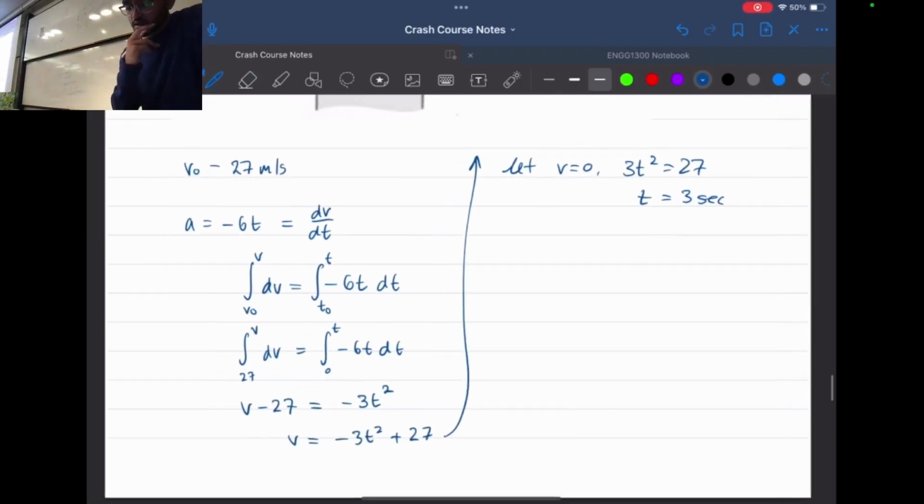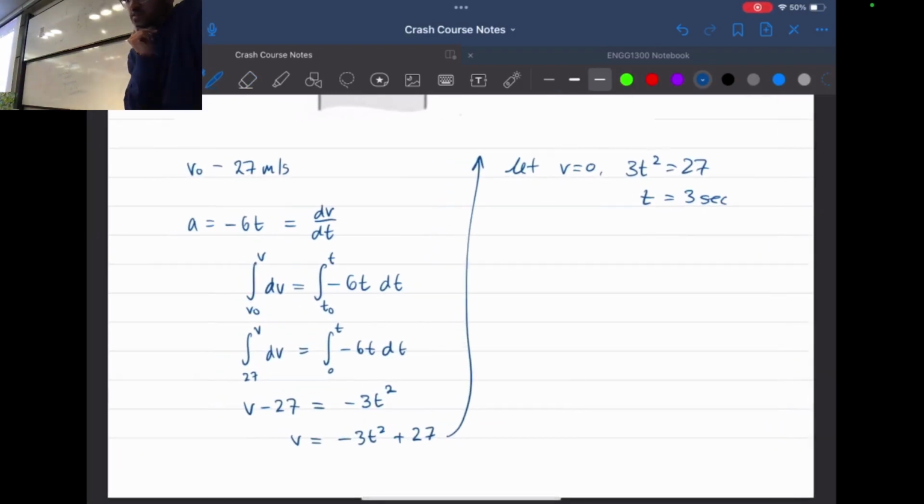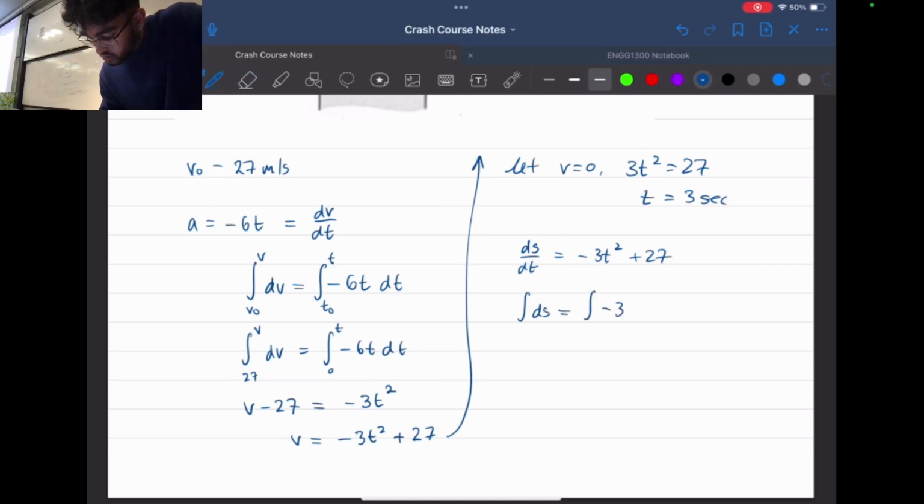Okay, there's one more thing we have to do. We have to integrate velocity with respect to time. So I'm going to say that ds on dt is equal to minus 3t squared plus 27. Integral of ds is equal to the integral of minus 3t squared plus 27 dt. Again, we know t0 is equal to 0. S0, we'll take it as 0 as well. We're integrating between 0 and s.